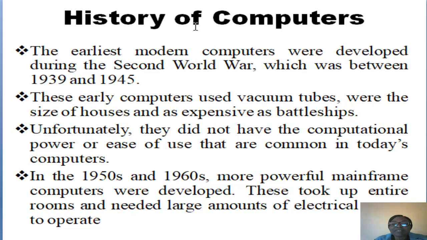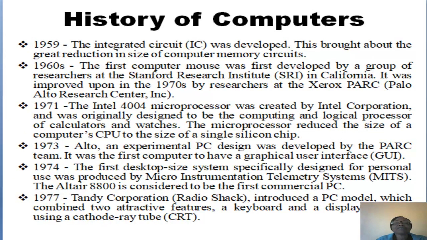So in the 1950s and 1960s, more powerful mainframe computers were developed. In 1959, the integrated circuit was developed. This brought about a great reduction in the size of computer memory circuits.